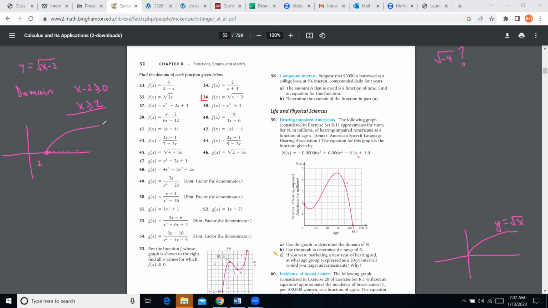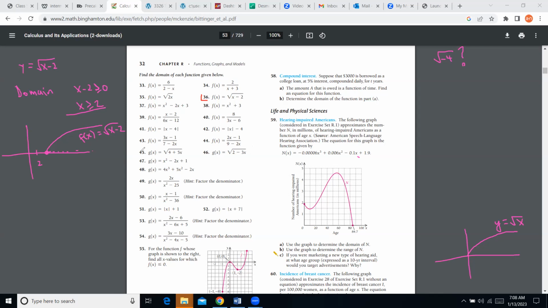Our square root will be shifted 2 units to the right. So that's how I graph that function they gave me, f of x or y, if you wish, same thing, equals the square root of x minus 2. So this is our function. And the domain helped me to see how this graph behaved.